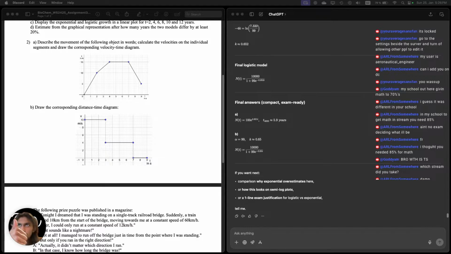It's locked. Oh, yeah. Aeronautical engineer.